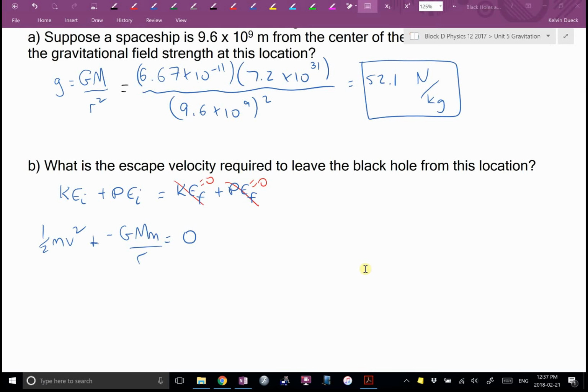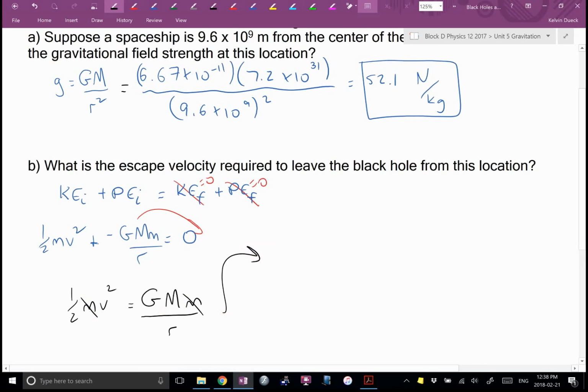What would I do now? Yeah, I think I would get rid of that negative because there's a 0 there by plussing it over. And Lyndon, what I get now is a half m v squared equals positive big G, big M, little m over R. Not R squared, just over R.